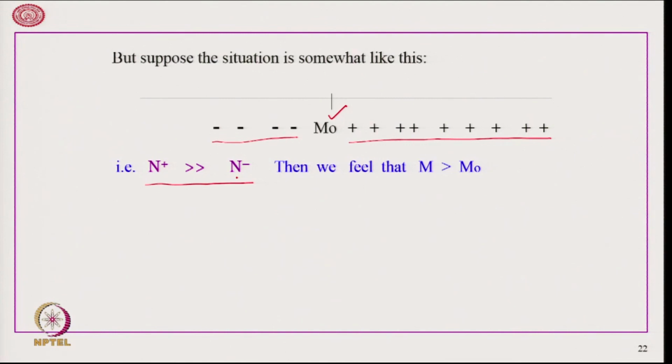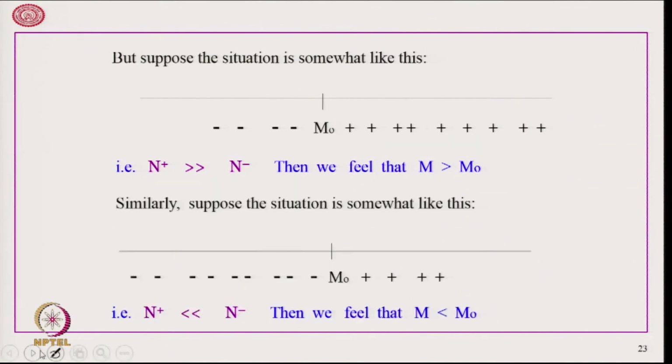Then what do we feel? Because it is a continuous distribution, I can see that our observations have come in this range, therefore we would expect the median to be somewhere here, that is, the actual median of the population is greater than the hypothesized median m naught. I hope you understand this.